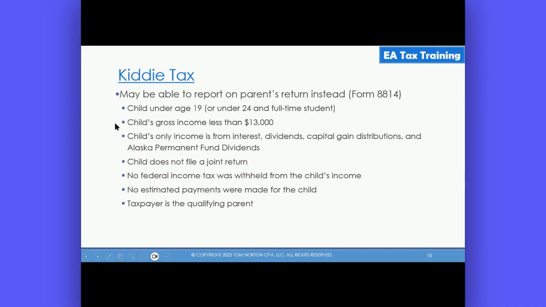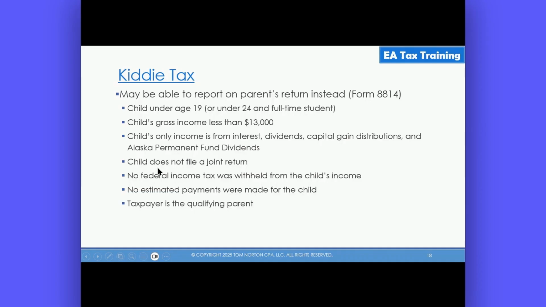Next scenario. This is where the child is not going to file their own tax return. So they have to meet all of these conditions. The child is under age 19, or under age 24 and a full-time student. Their gross income is less than $13,000. Their only income is unearned, so it's from interest, dividends, capital gains, and these Alaska Permanent Fund dividends.